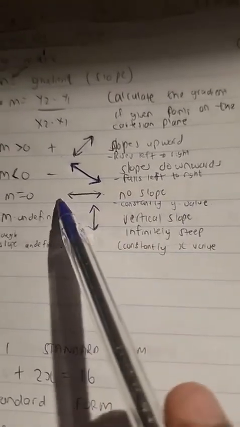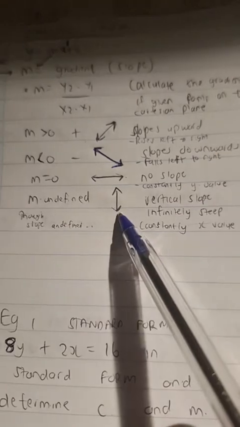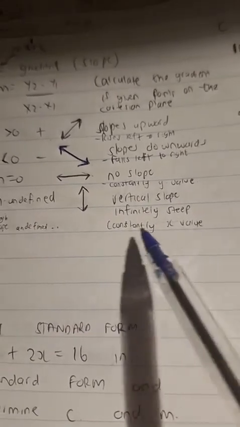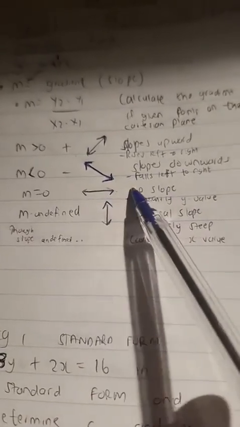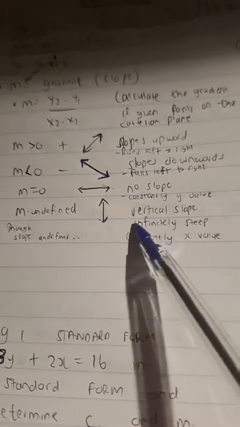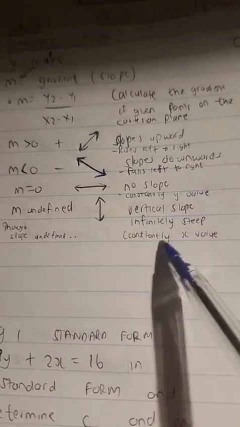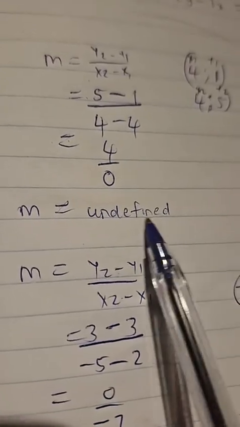In other words, who is staying constant? It is the y value for the horizontal line that is constant. But for the vertical line, it is the x value that is constant. Here we have no slope, but here we have a vertical slope, infinitely steep. The vertical line has a constant x value when the gradient is undefined.